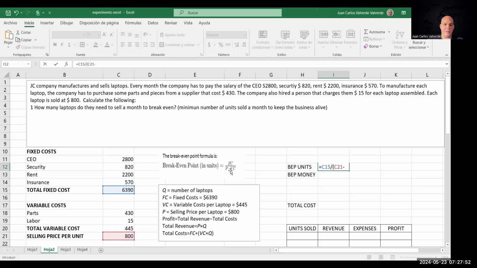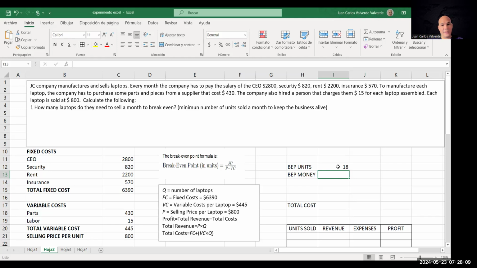I have the total variable cost here, which is $445. So close parentheses, and this means that the company has to sell at least 18 computers, not to lose money, but not to make a profit either. This 18 means that expenses equal revenue.